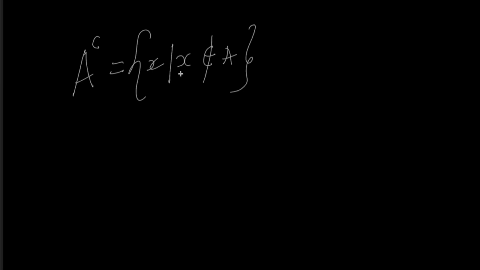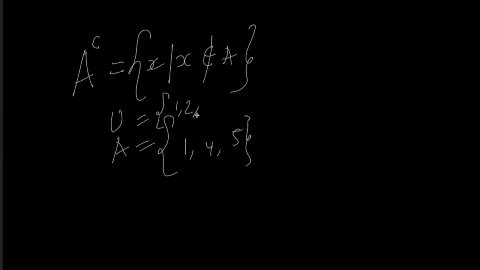For complement, the complement of say A is equal to all the elements outside A, but within the universal set. This x is not an element of A, but is still within the universal set. For instance, A is equal to {1, 4, 5}, and the universal set is equal to {1, 2, 3, 4, 5}.